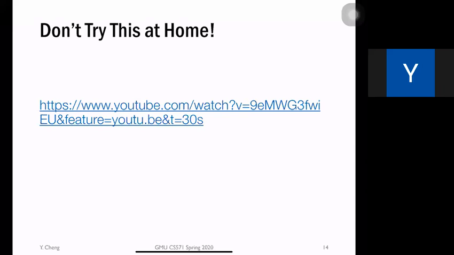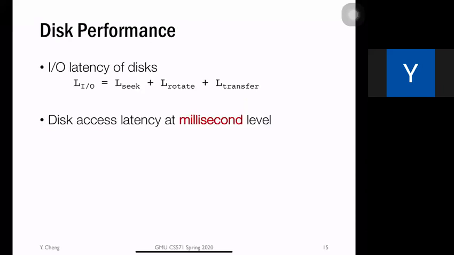All right, so here it talks about how we could model disk performance, that is, how to quantify disk performance theoretically. Recall that a hard disk drive is a mechanical piece of hardware. It consists of multiple mechanical parts: the disk arm, the disk head, and the platter, which has multiple tracks.